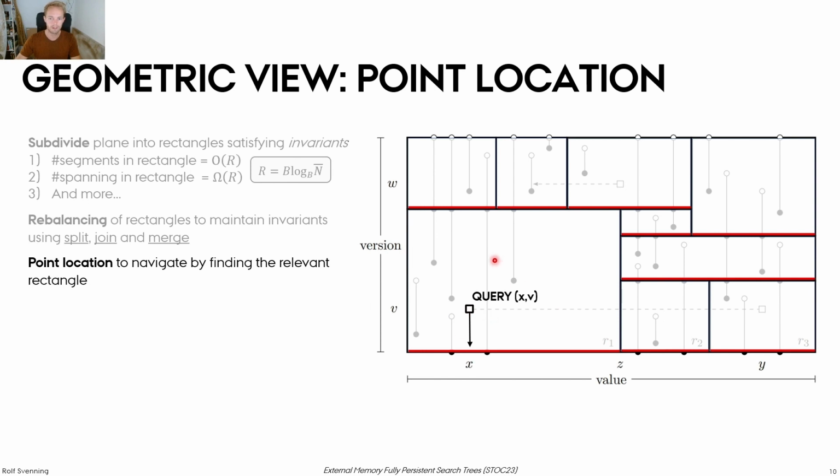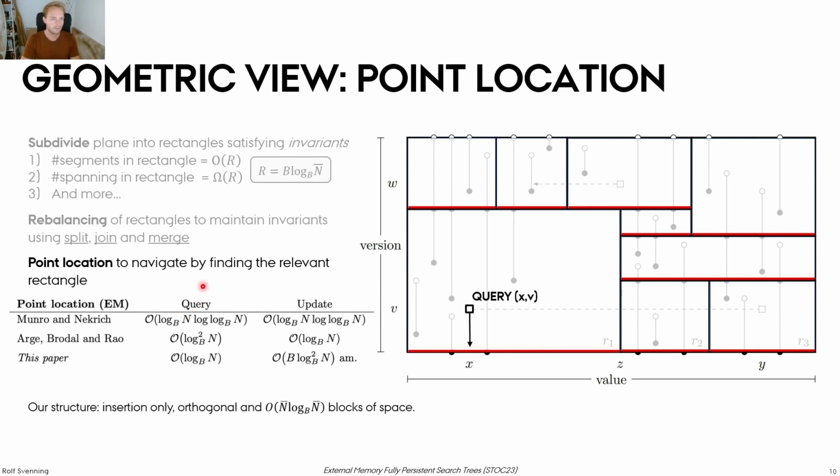To find this rectangle, we model it as a point location problem, which is often modeled as a ray-shooting problem towards the bottom segment of each rectangle. So for this query here, we hope to discover this bottom segment here.